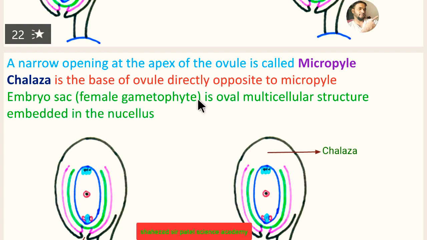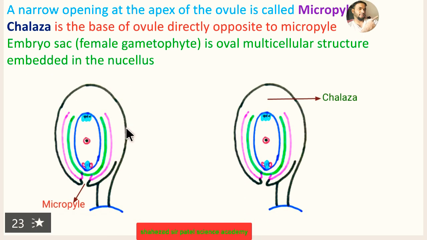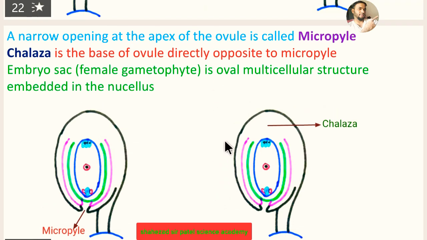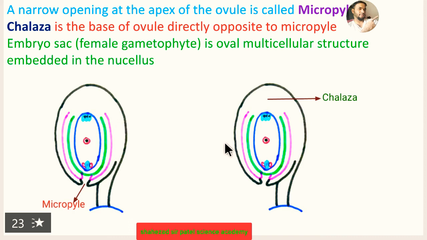The embryo sac, the female gametophyte in the ovule, is a multicellular structure embedded in the nucellus. So you can see here, this is the micropyle, opposite to it this is the chalaza, this is the funicle, these are the integuments, and inside the integuments there is the nucellus. Inside the nucellus there is the embryo sac, and in that embryo sac there are 3 antipodal cells towards the chalaza side and 3 cells towards the micropyle side.